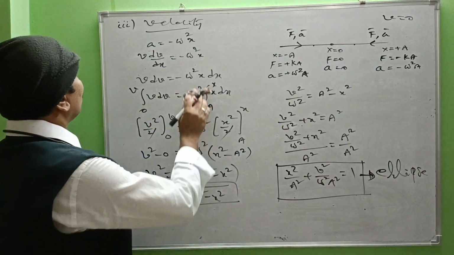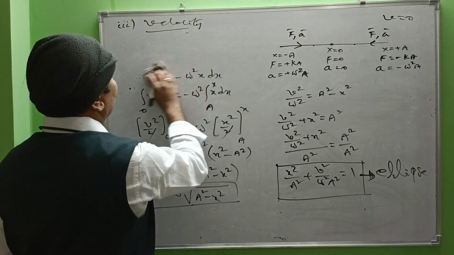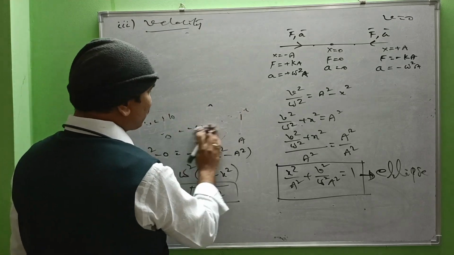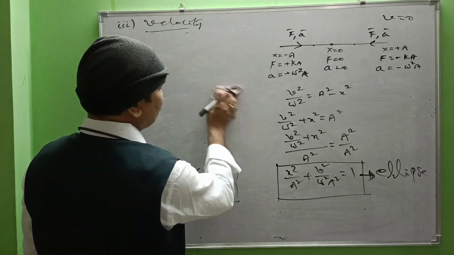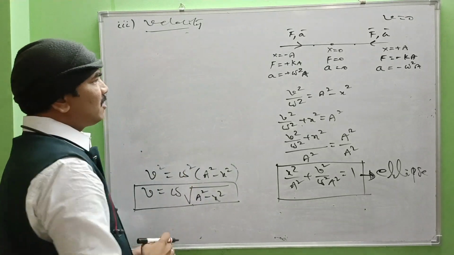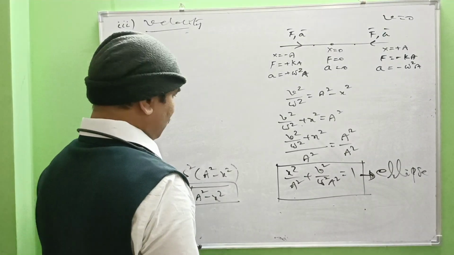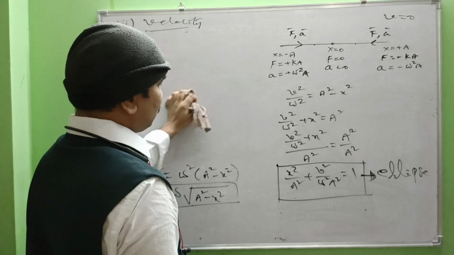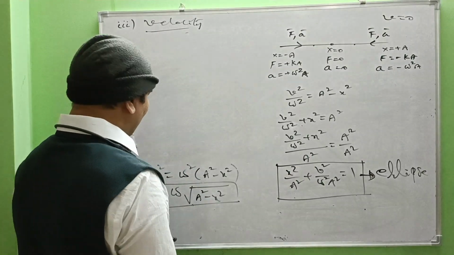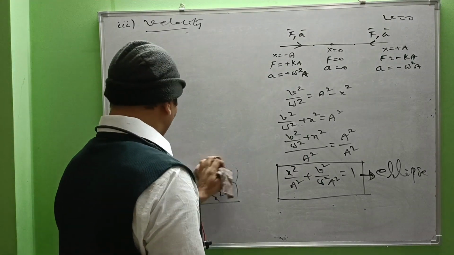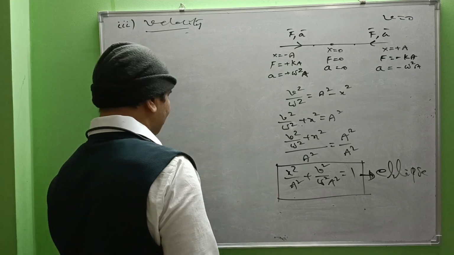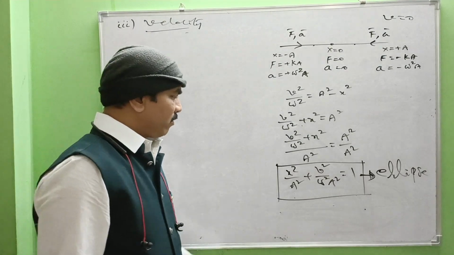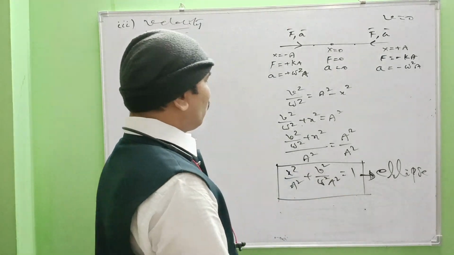Let us discuss how the velocity of the particle varies with the position. This is the ellipsoidal variation of velocity with the position. Am I right? So x square by a square plus v square by omega square a square equal to 1.